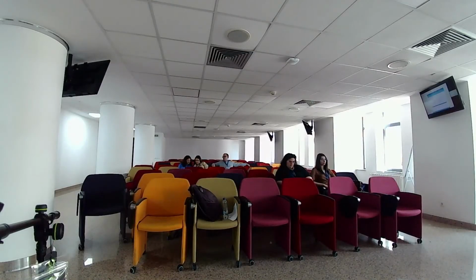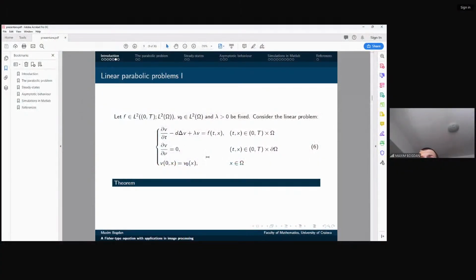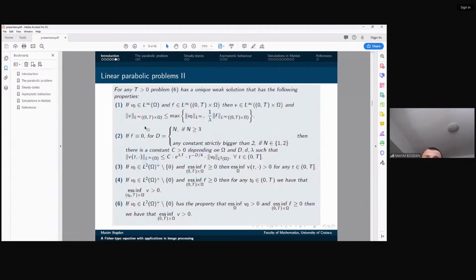If we have such a linear equation, a basic parabolic equation, then we have some very interesting results. The first is well known. If the initial data is from L infinity, which means that it is bounded, then the solution is bounded at any instant of time, and this is the supremum bound.